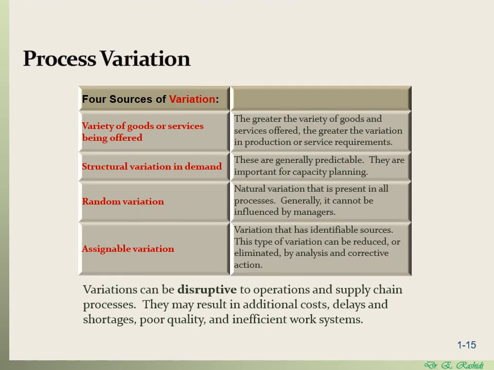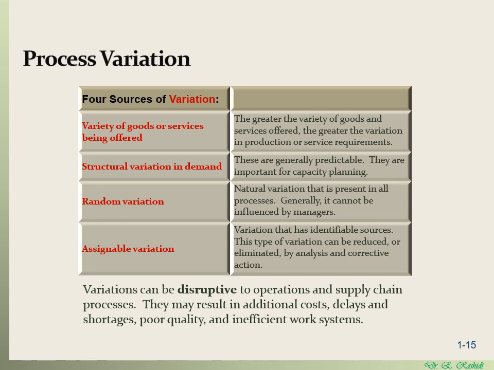Process variation. Normally, there is variation in the performance and output of every process in an organization. This variation can come from four different sources. One is variety: the more variety of goods or services an organization offers, the more variation its processes will have. So the greater the variety of goods or services, the greater the variation in the processes.